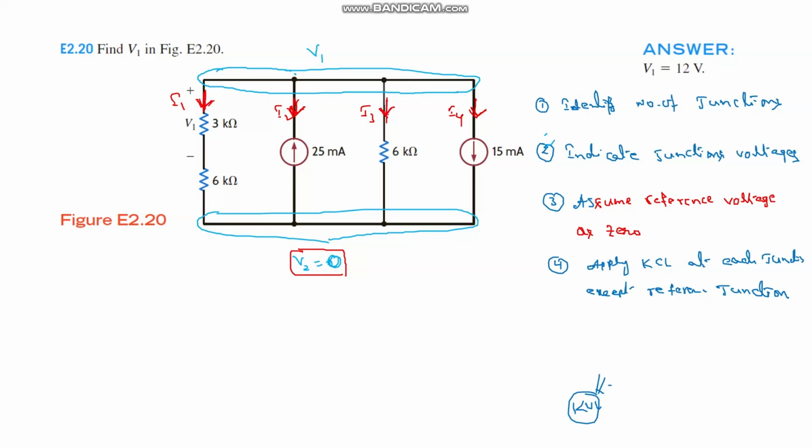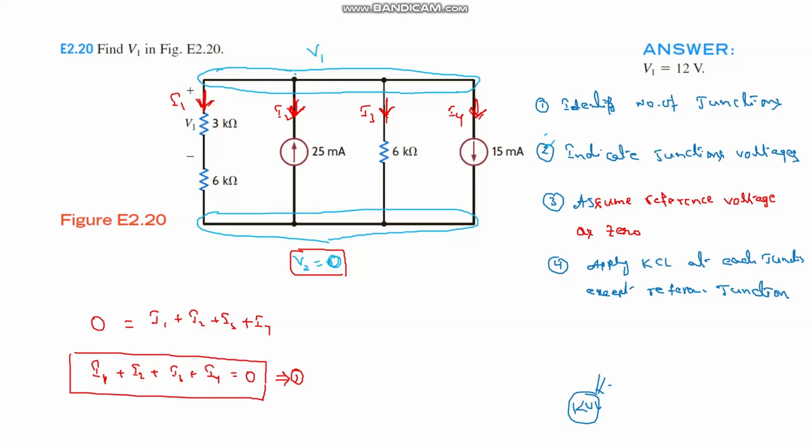There is no incoming current, so 0 equals the sum of outgoing currents. That's why I1 plus I2 plus I3 plus I4 is equal to 0. Let it be equation number 1.